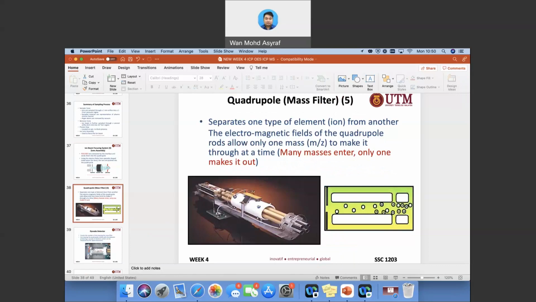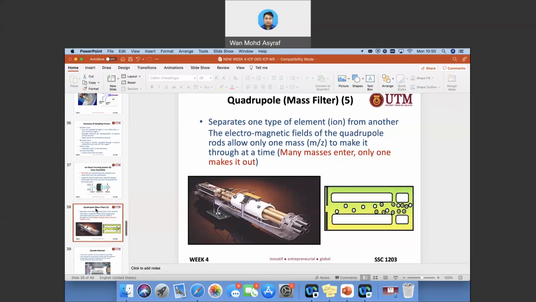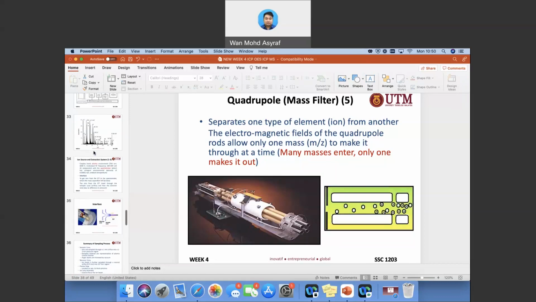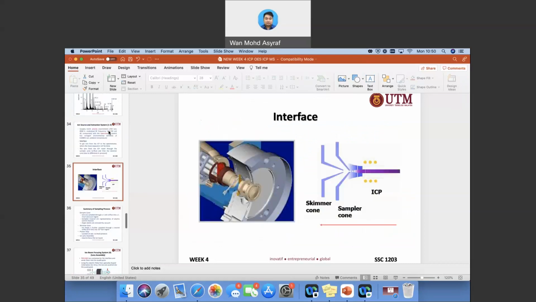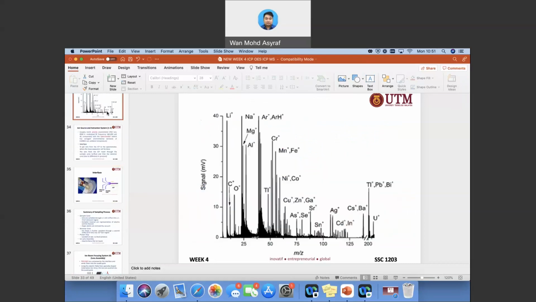You would imagine that inside the ICP, inside the plasma, there are all of these ions, and then they move into the interface where the ions are being filtered.